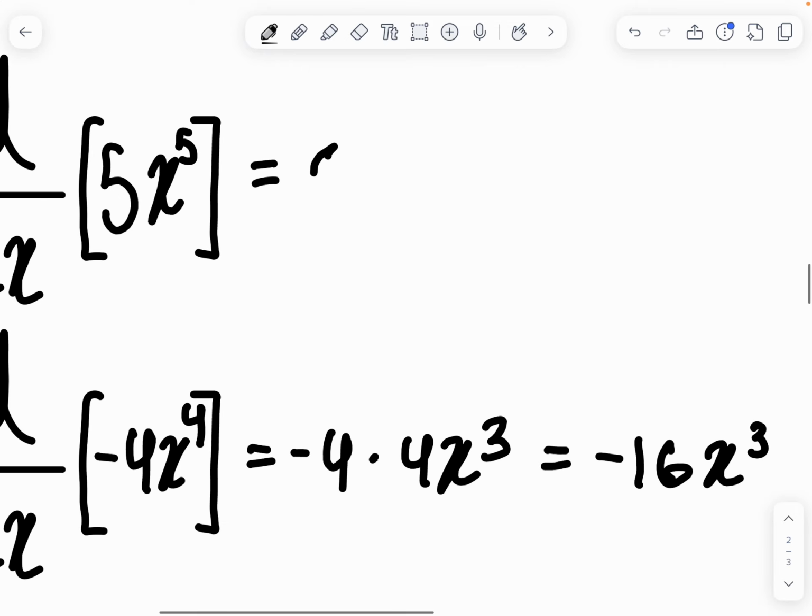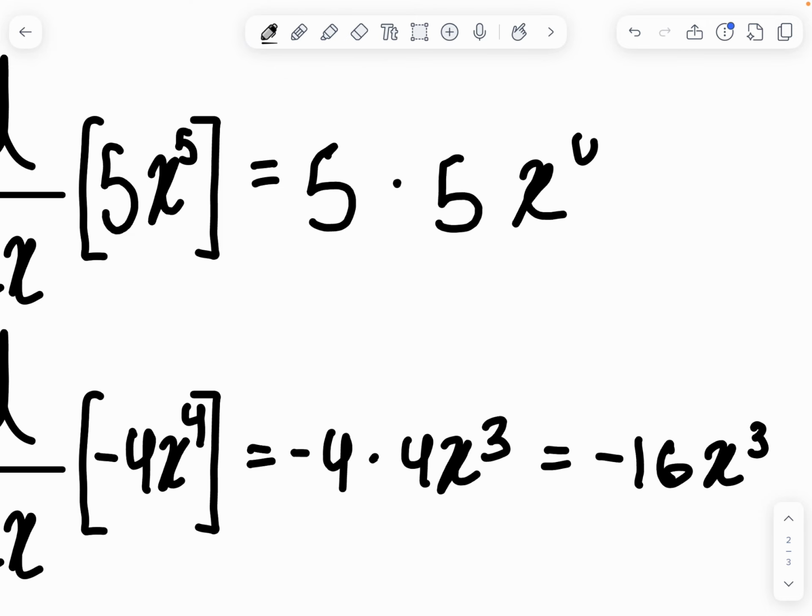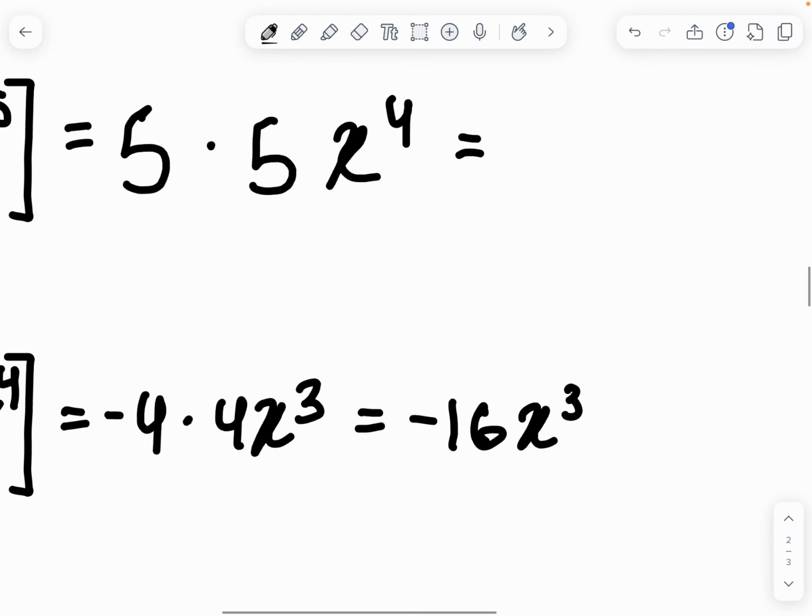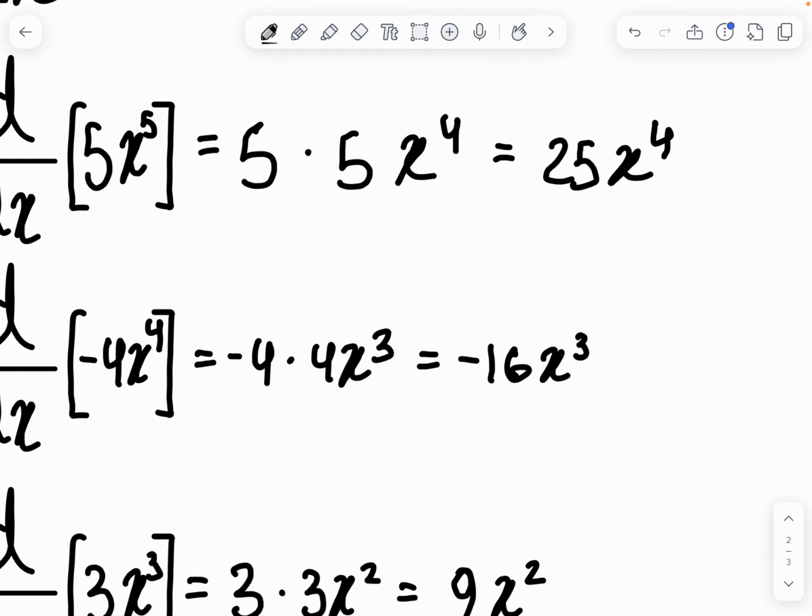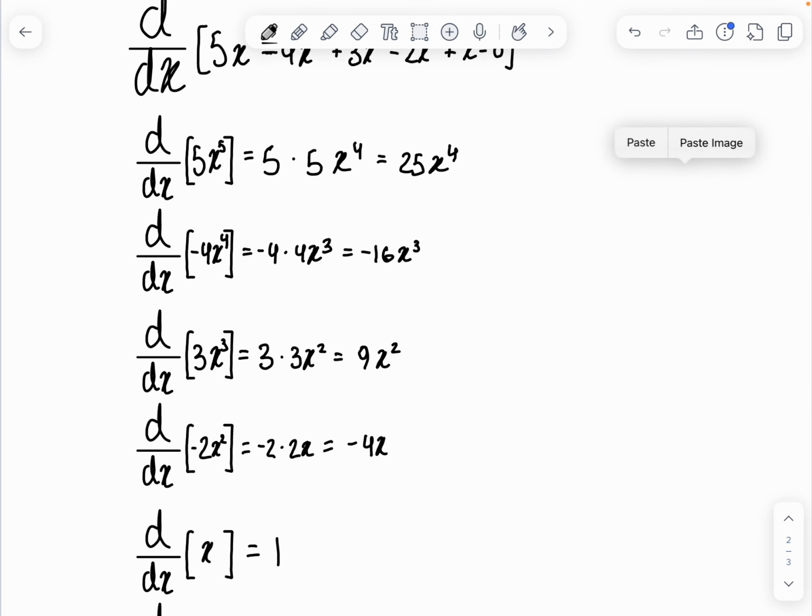And this is 5 times 5x to the power of 4, which is 25x to the power of 4. And now let's assemble.